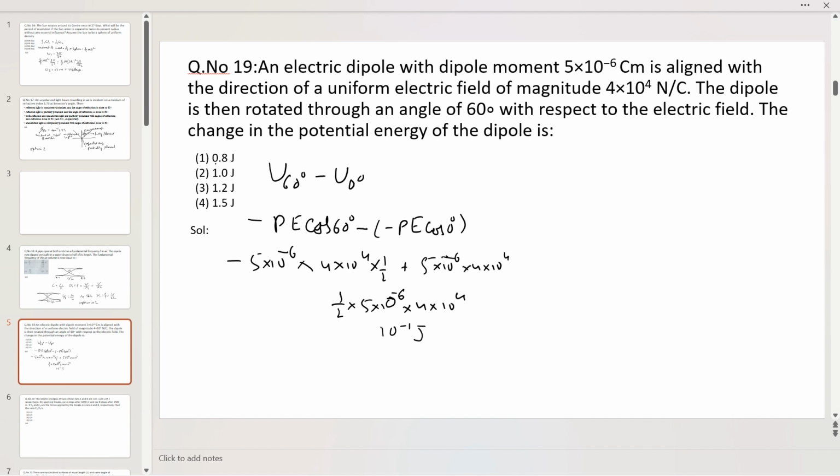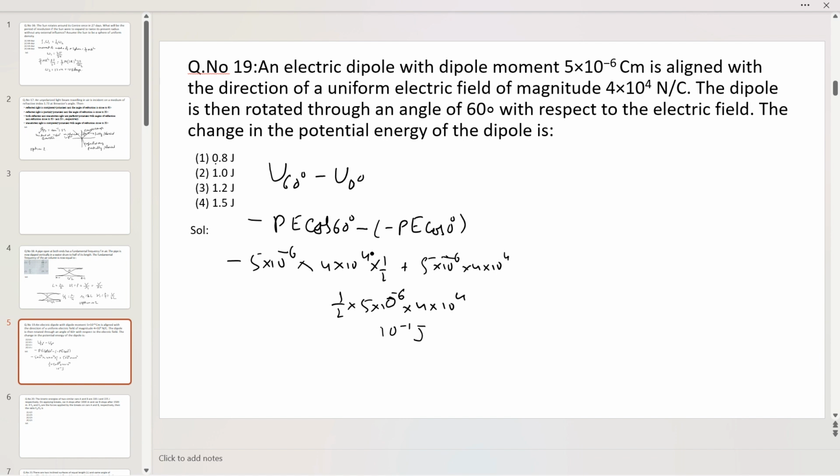Your electric field of magnitude here, this must be 10 to the power of 4. If this is 10 to the power of 4, then minus 1 by 10, that means 0.1.